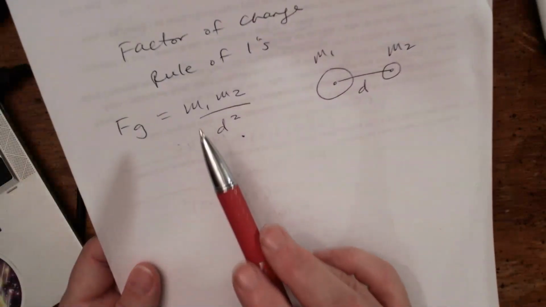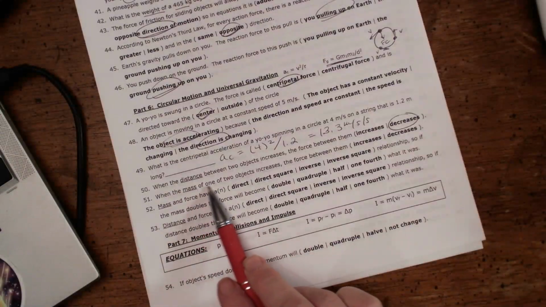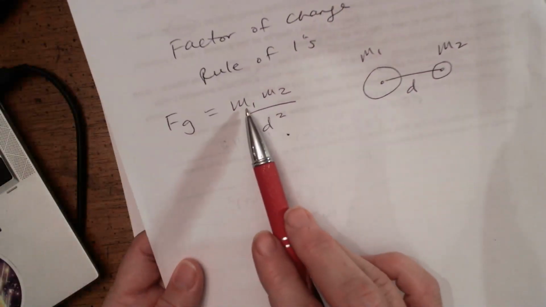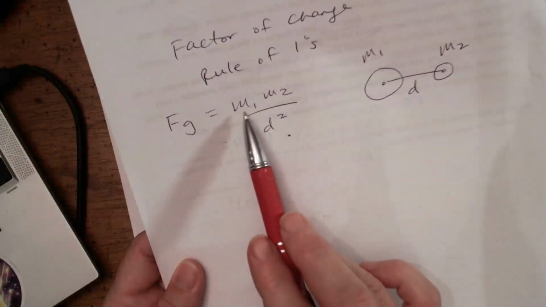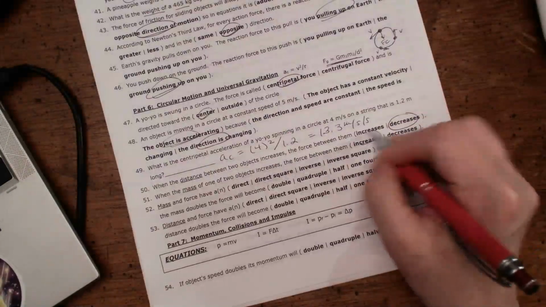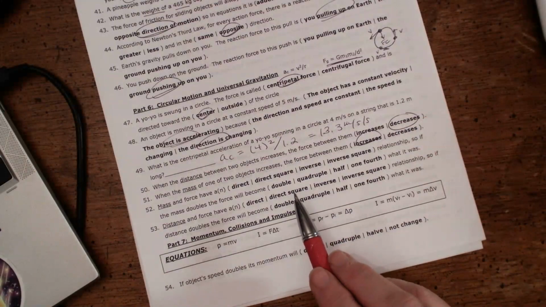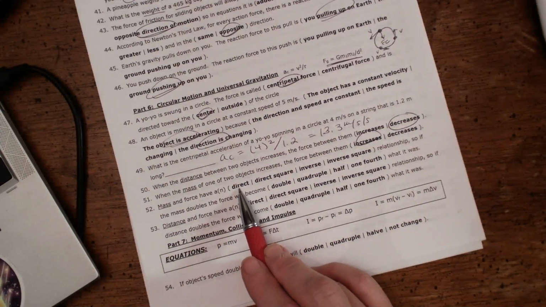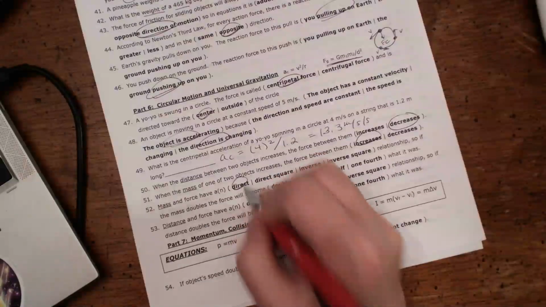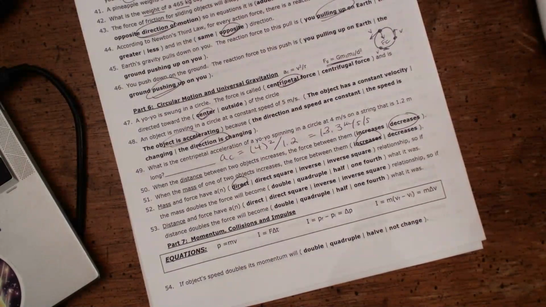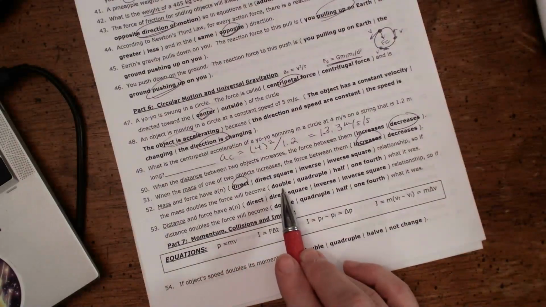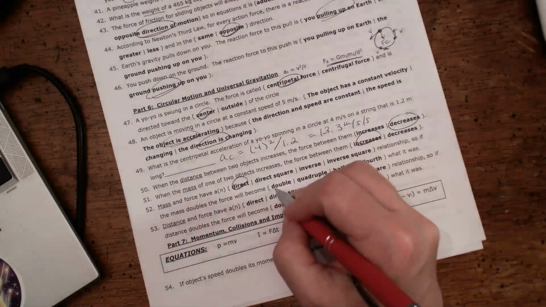When the mass of one of them increases, imagine one of these numbers gets bigger, that means this force is going to get bigger. So we say that mass and force have a direct relationship. That means if the mass doubles, the force is going to double.